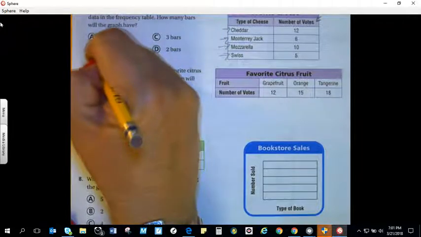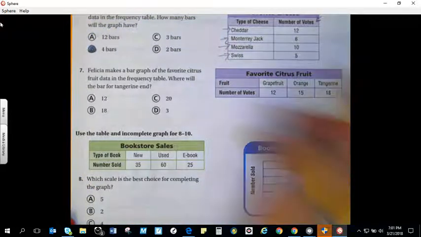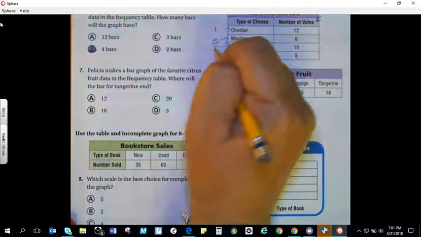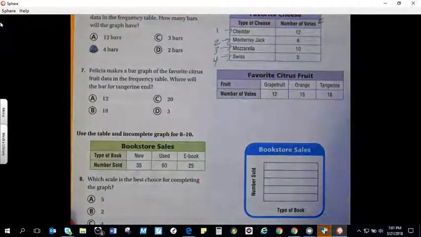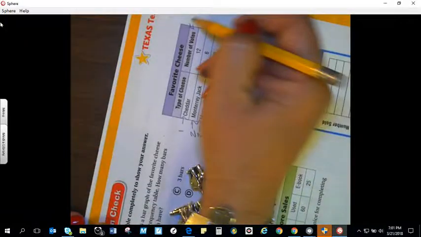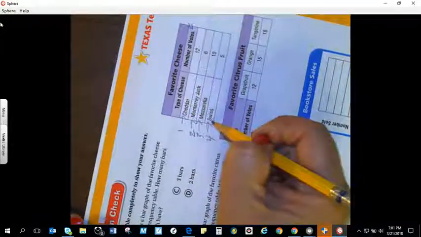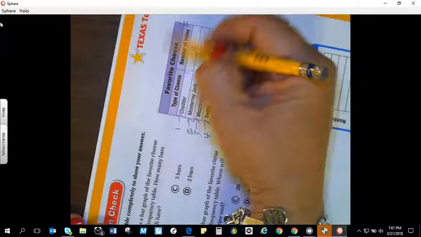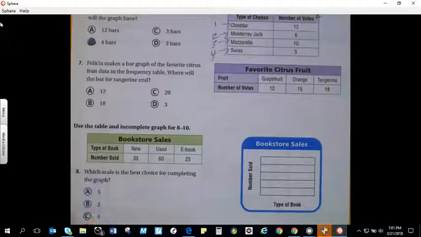So I'm going to have 4 bars. This is 1, 2, 3, 4. Because if I turn it this way, put my title on top, the cheddar's going to be down here, and my numbers will be on this side. And then I make my graph. Does that help you? Next question.